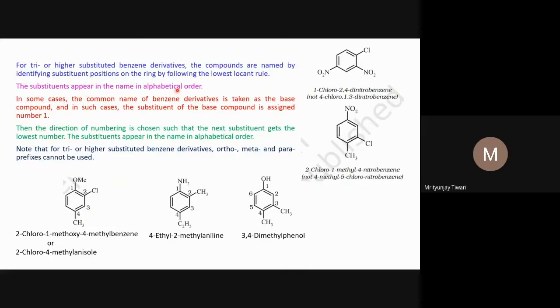So in some cases the common name of a benzene derivative is taken as the base compound, and in such cases the substituent of the base compound is assigned position number one.